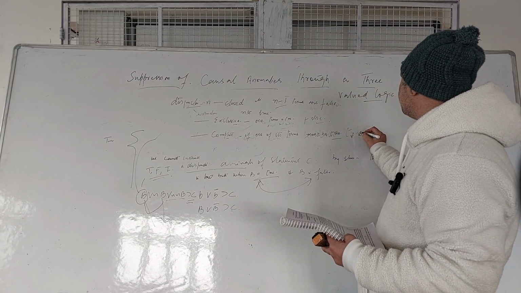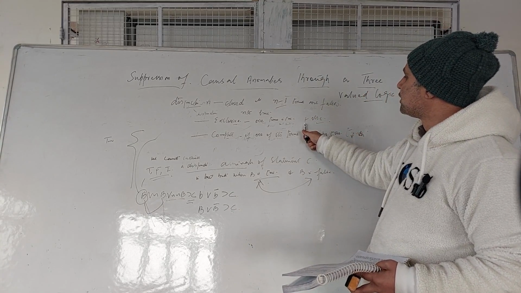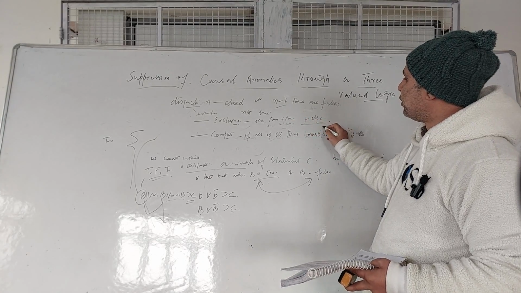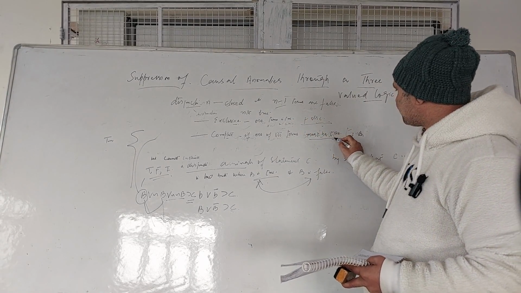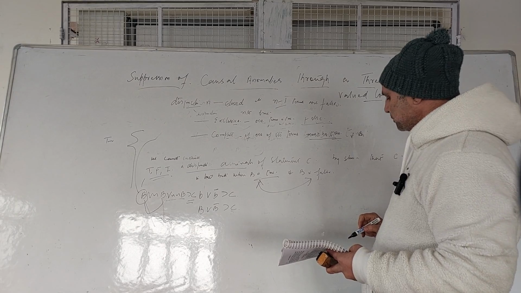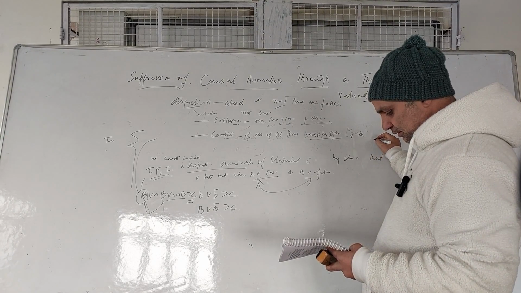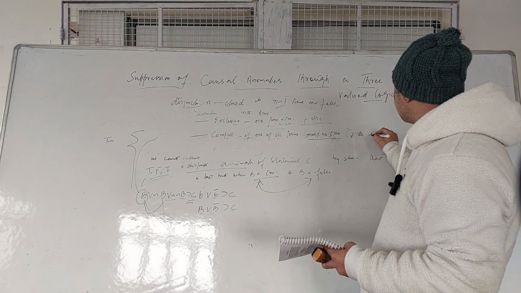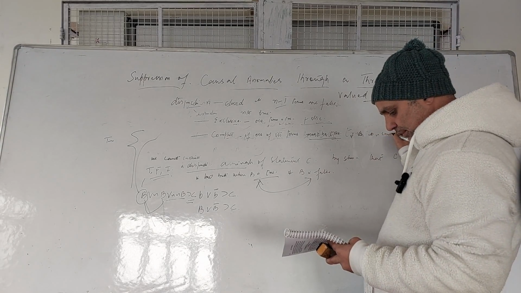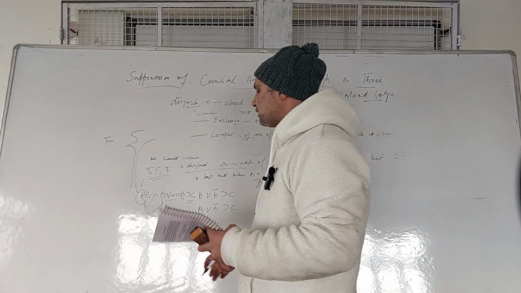So in exclusive, one of the terms is true, the others are false. In complete, one of the terms must be true, which is the same as saying the disjunction is true.